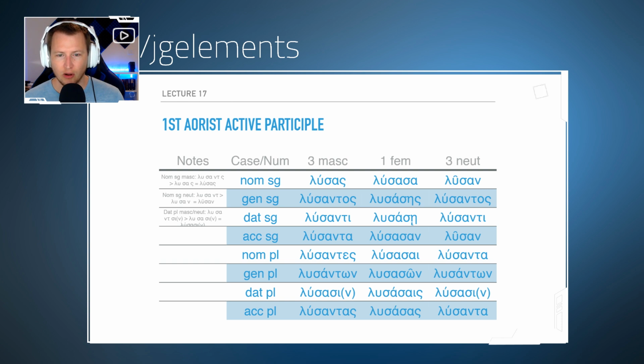It's the same all the way through with the nt, with exception of nominative singular and dative plural, okay? And the same thing is true in the neuter side. So nominative singular neuter, you have lu, you have sa, you have nt. There's no ending in the neuter nominative singular, right?